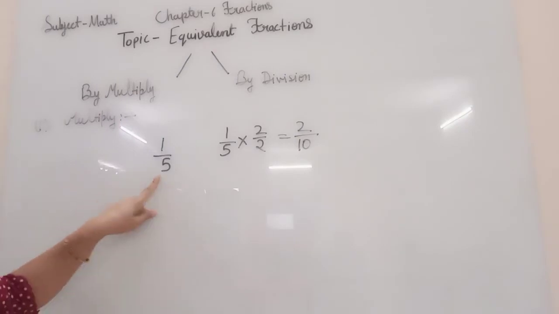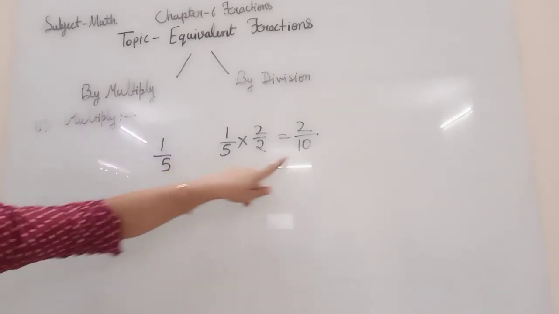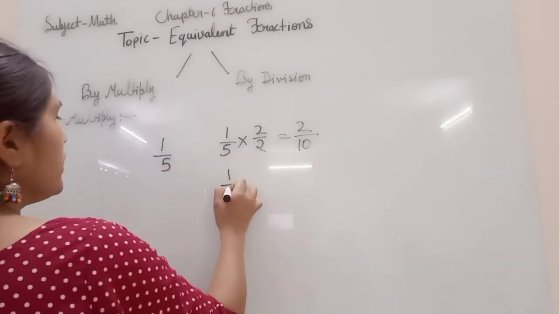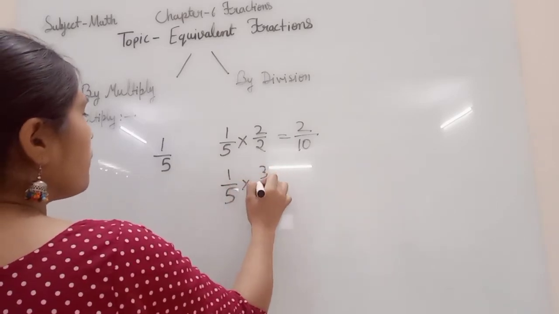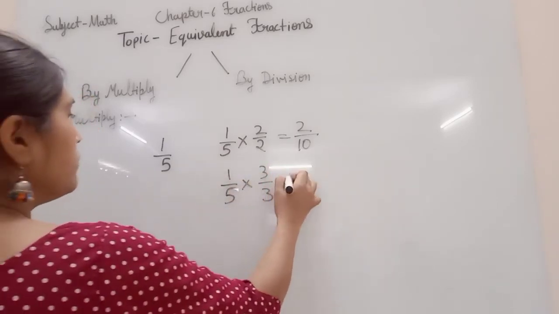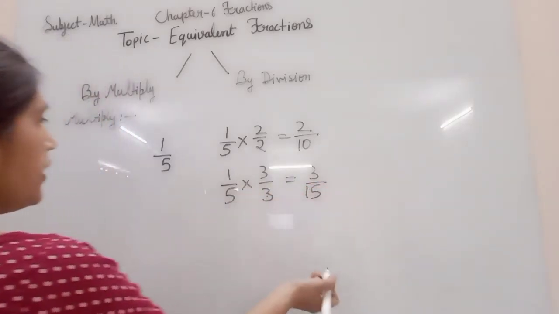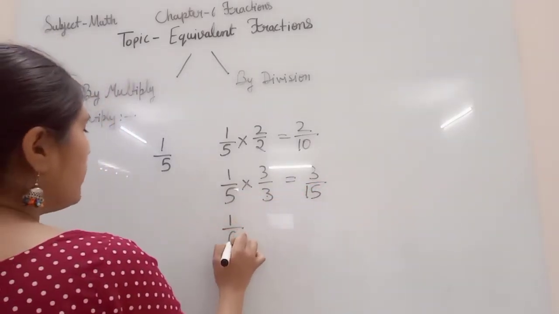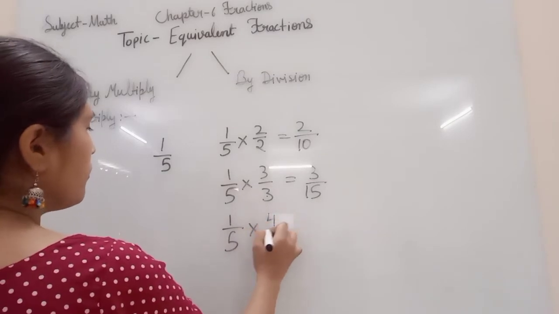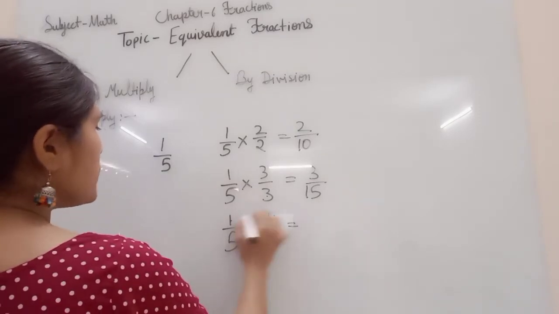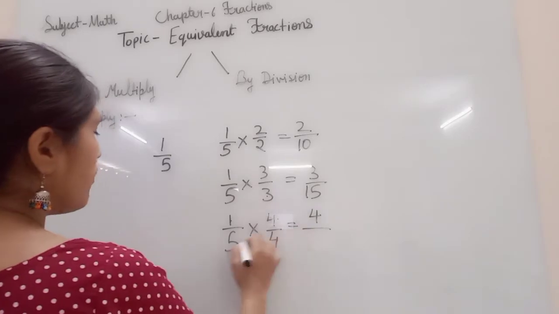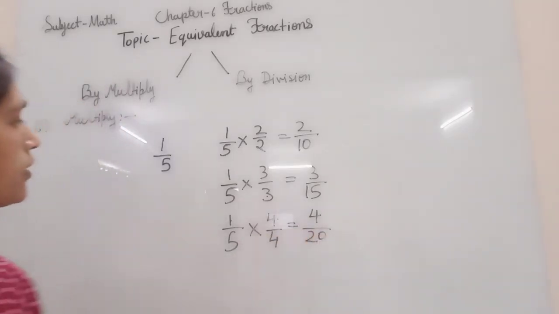Now we have to find 4 equivalent fractions. The first we have done. For the second one, I am multiplying with 3. 3 ones are 3, 5 threes are 15. This is the second equivalent fraction. What will be the third? 4 ones are 4, 5 fours are 20. Yes, this is the third.